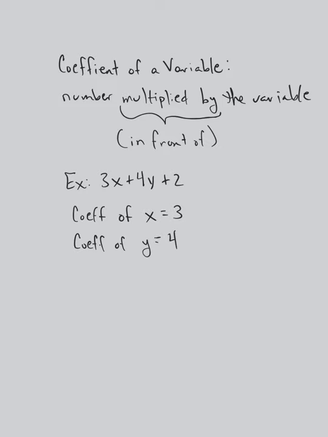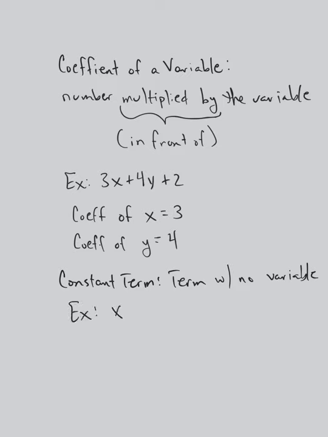And this example leads into another vocabulary term, that we're adding just a constant onto that. And so we get into this term called the constant term, and that is the term with no variable.